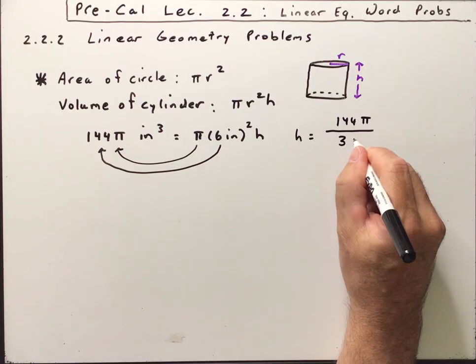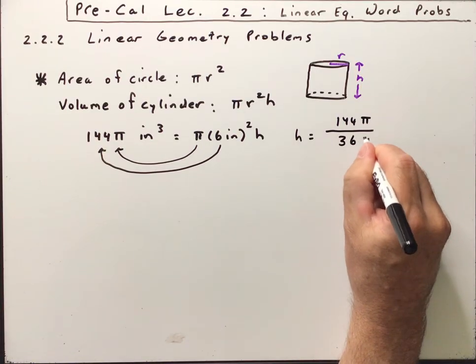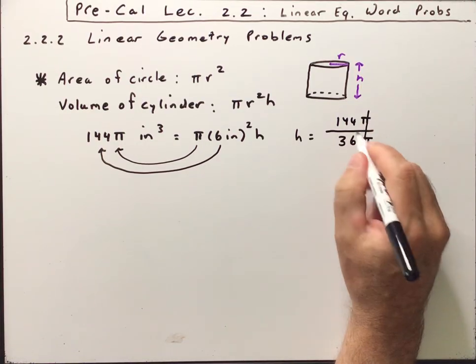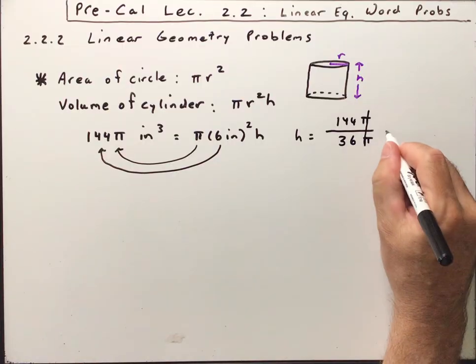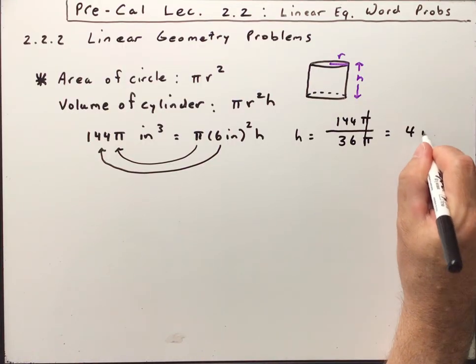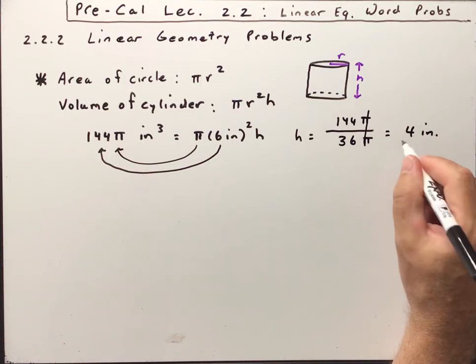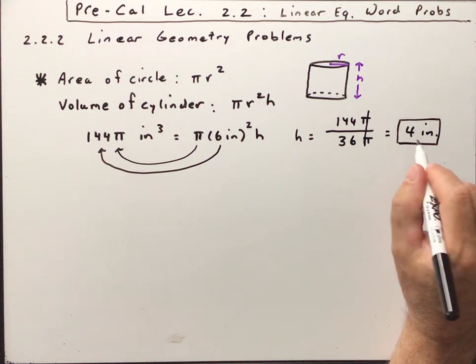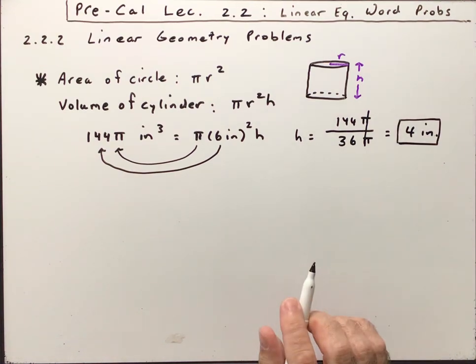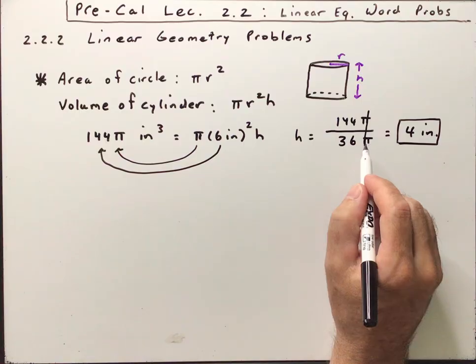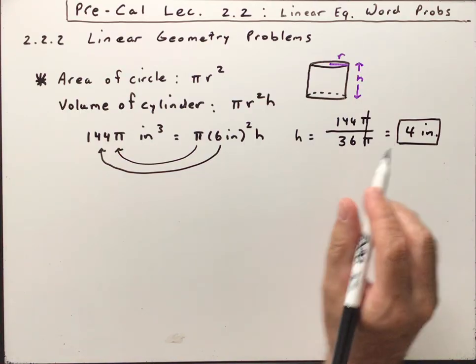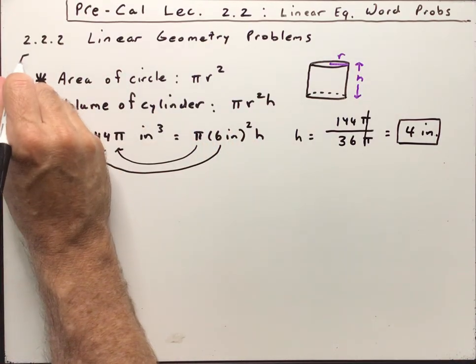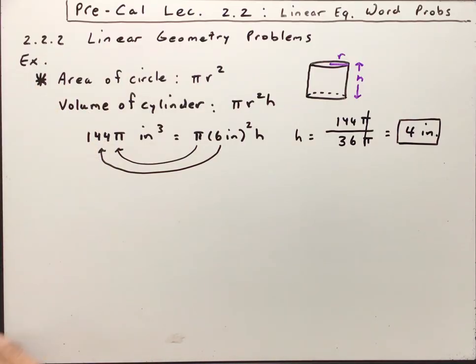So 36 pi. The pi's would cancel out. 144 over 36 is 4 inches. So this time we didn't have to have a system of equations here. All right, but that's our first example.